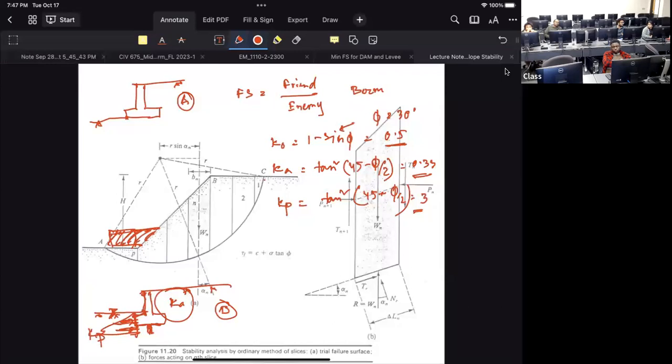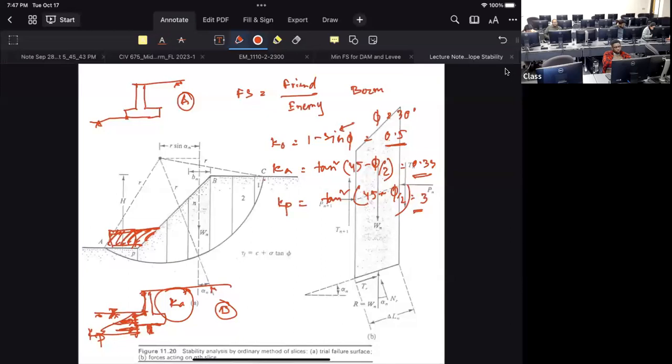Whenever you have a failure type of condition, if you add some weight at the bottom, that creates a berm, which is a passive condition. The passive condition immediately cuts off many failures. But if someone doesn't know how it works and starts adding weight on top, then it's going to be really problematic.